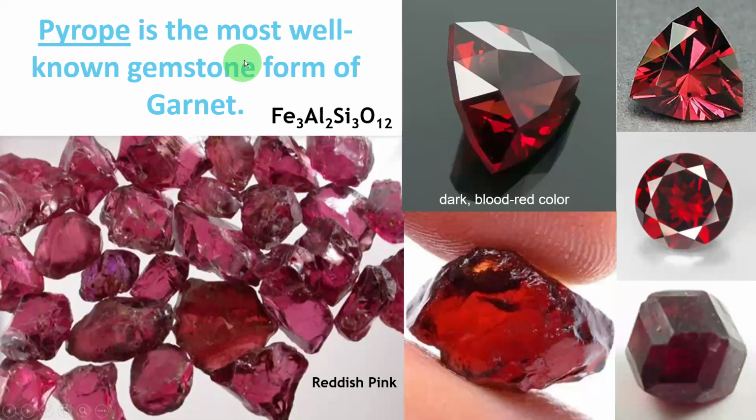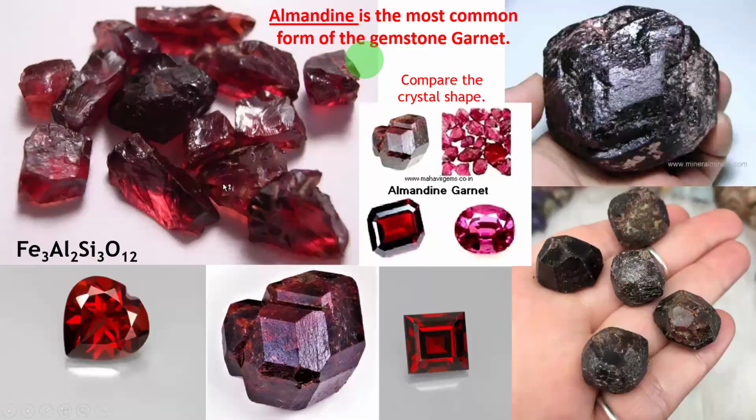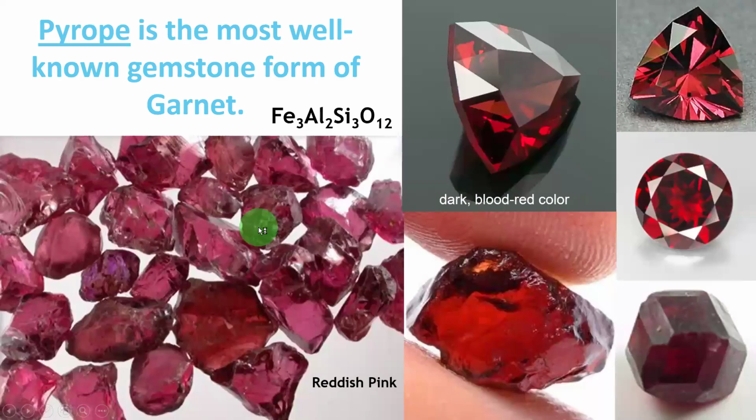Now look at here. Pyrope is the most well-known gemstone form of garnet. Ferrous aluminium silicate. Look at this, this is also ferrous aluminium silicate. Almandine is the most common form of garnet, while pyrope is the most well-known gemstone form of garnet.